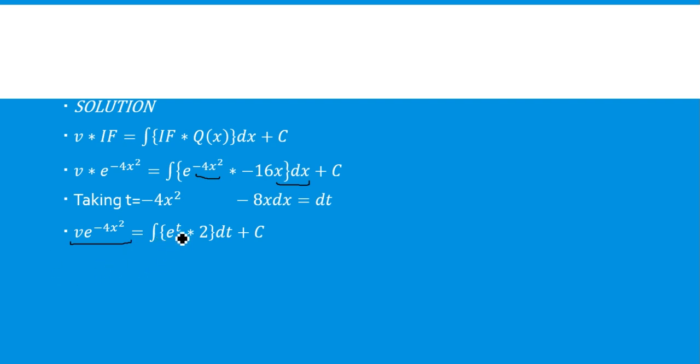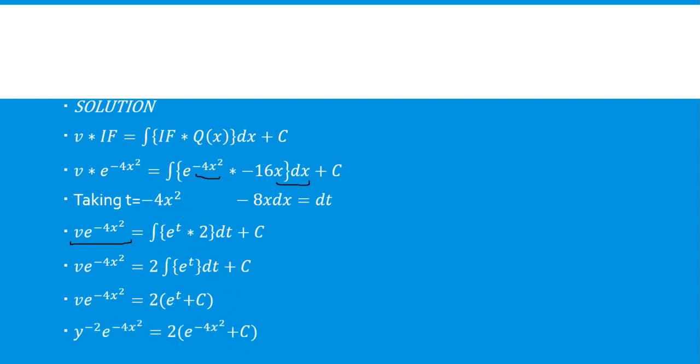So now it comes out to be e to the power t into 2. We take 2 out because it is a constant, so it is the integration of e to the power t, and solving it we get e to the power t itself. Putting in the value of t, we get minus 4x square, and now dividing the whole equation by e to the power minus 4x square, we get the solution as this.